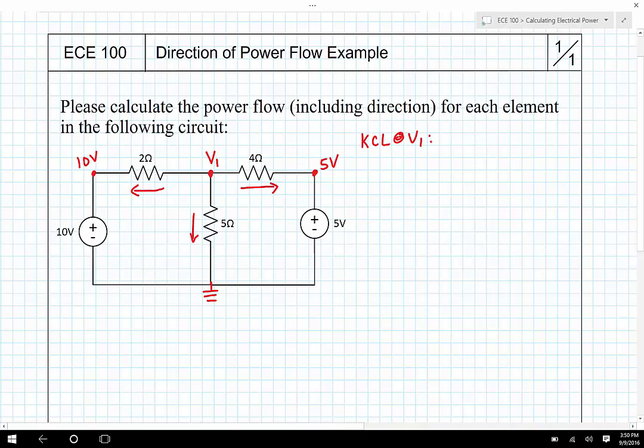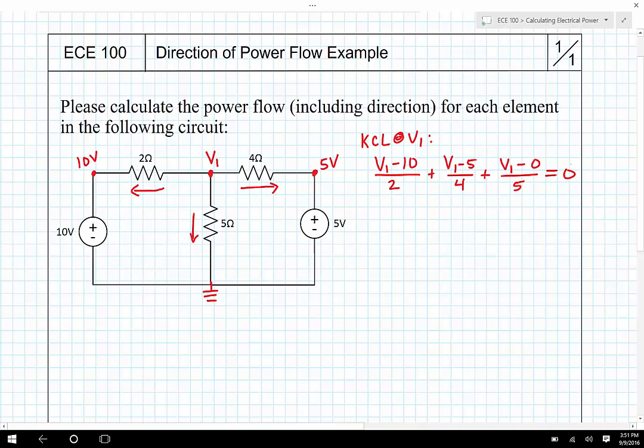The first current is going out to the left. So this is (V1 minus 10) divided by 2, plus the current going out to the right, (V1 minus 5) divided by 4, plus the current going downward, (V1 minus 0) divided by 5, is equal to 0.